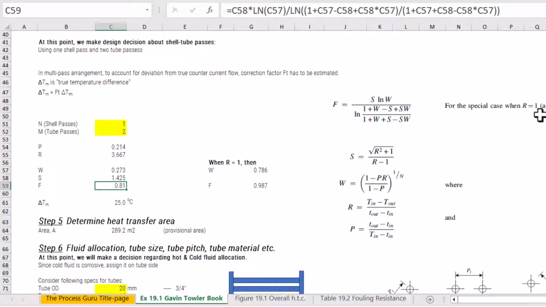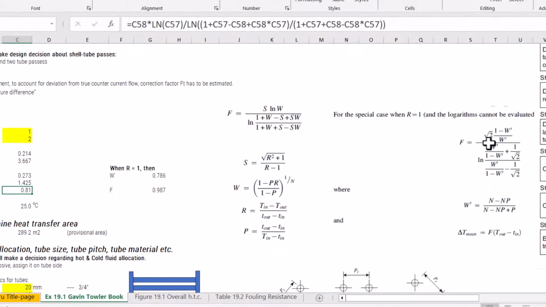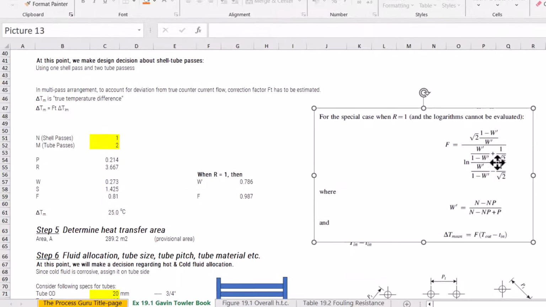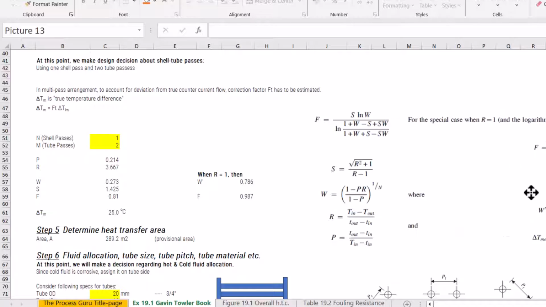So for the special case R equal to 1, we need to use this particular formula, and this way we calculate the true temperature difference.